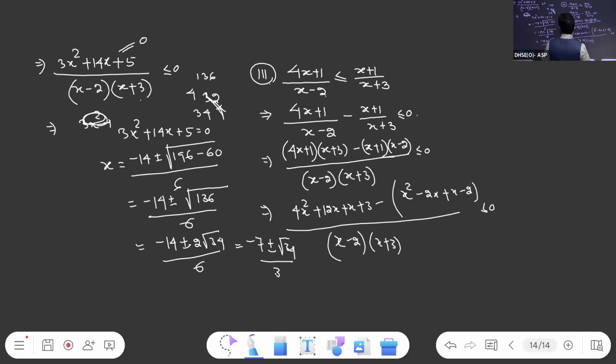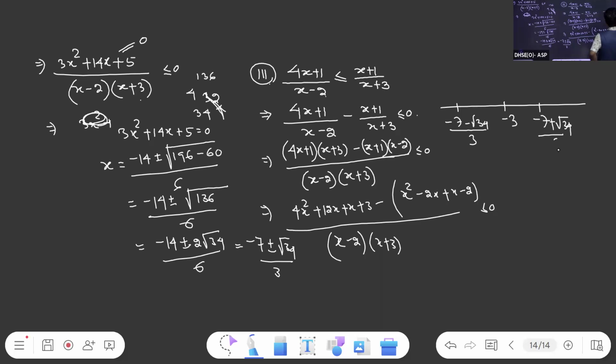Okay. So critical point minus 3. Minus 7 minus root 34 upon 3 will be less than minus 3. Then minus 3, then minus 7 plus root 34 upon 3.